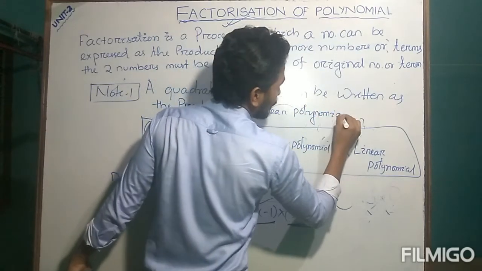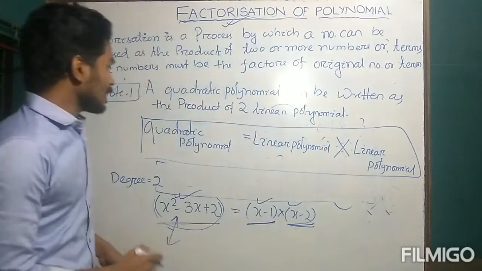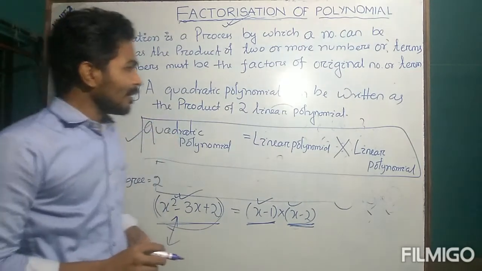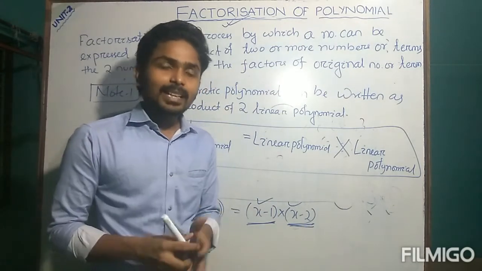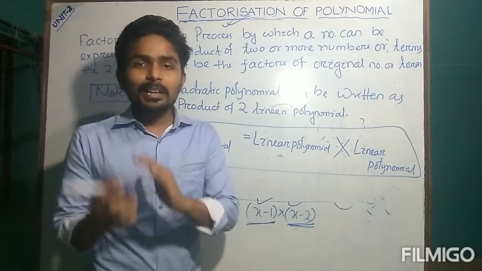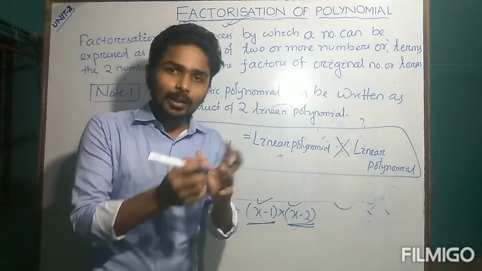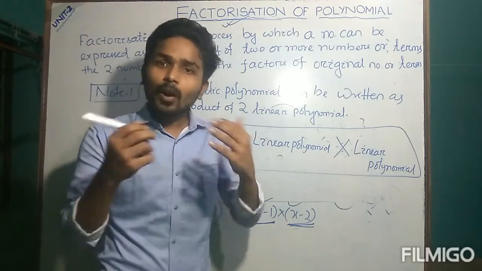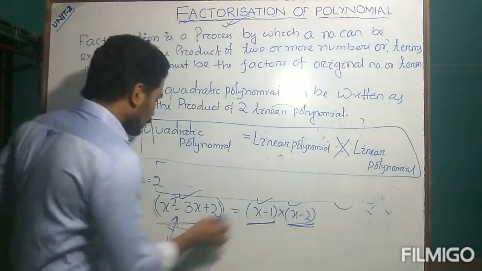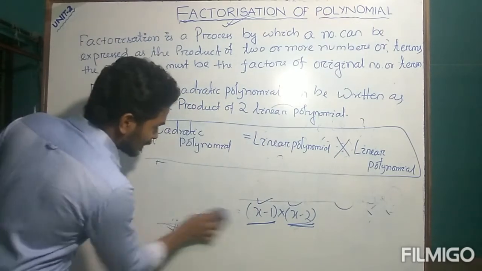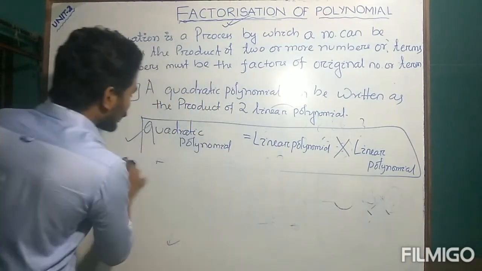You should keep this in mind. Now it is understandable. We can easily find out whether a quadratic polynomial can be written as the product of two other linear polynomials or not. Suppose we take one more example here.